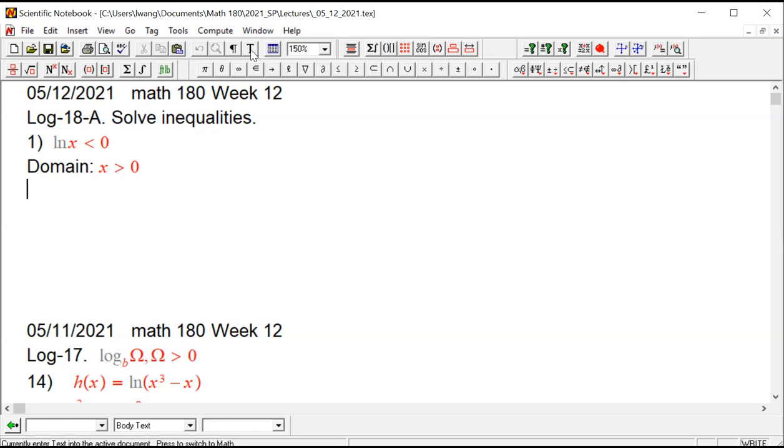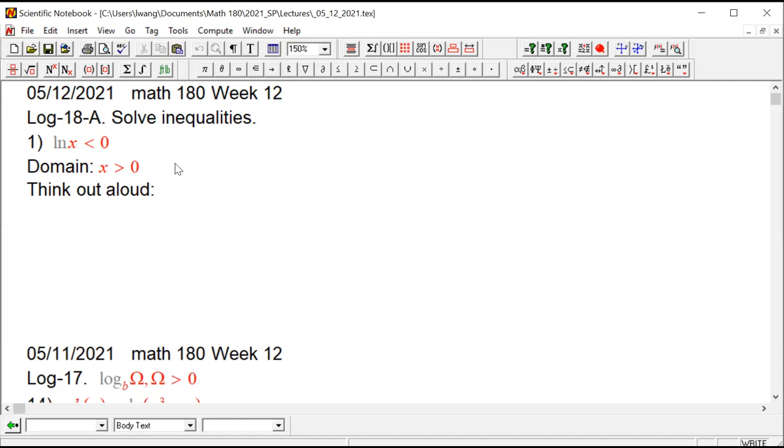The other thing I'd like to explain is that ln x is an increasing function. I'm going to put this as a think-out-loud. ln x is an increasing function. What does it mean? ln x is an increasing function over its entire domain.